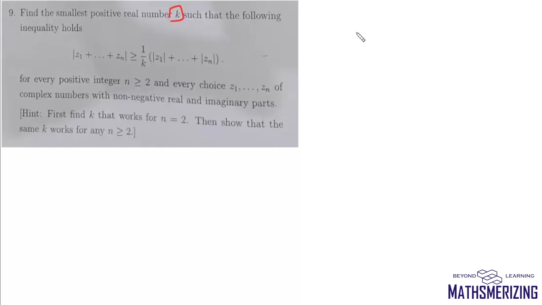Now for this, what we'll do is, we'll let, say, any zr is xr plus iota yr, and we have non-negative real and imaginary parts. That means any xr and yr, they are always greater than or equal to 0.